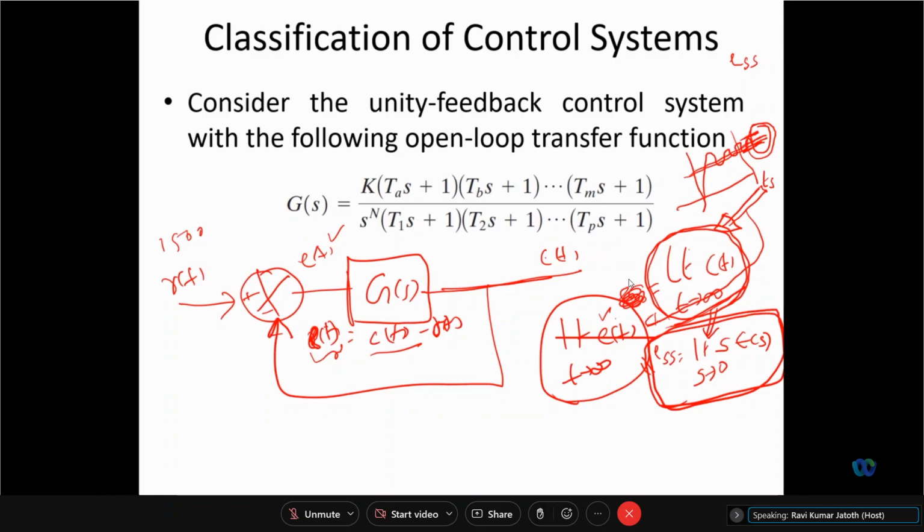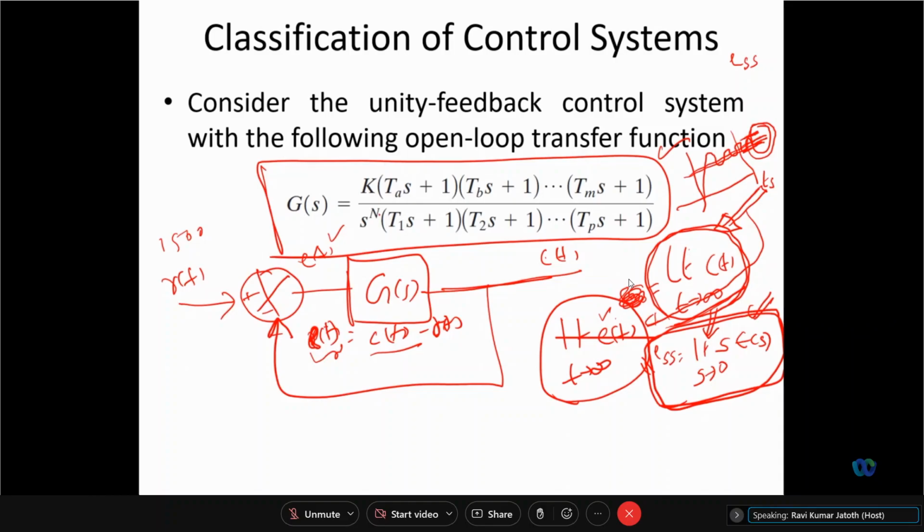But before going to derive the steady state error, we have the transfer function, which can be given in time constant form like this: K by (1 plus sTa)(1 plus sTb), and so on, a ratio of polynomials, numerator to denominator.